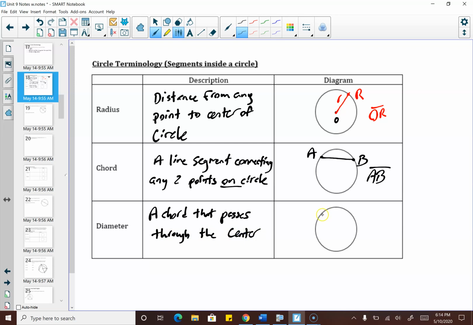So we obviously couldn't draw our diameter the same way we drew our chord above, because we have to make sure that we are passing through the center. So that there would be our diameter, and you could call it AB. Some people choose to use 3 letters and use the center point, but you don't have to. So chord and diameter are very similar. Diameter is just a little bit more specific.